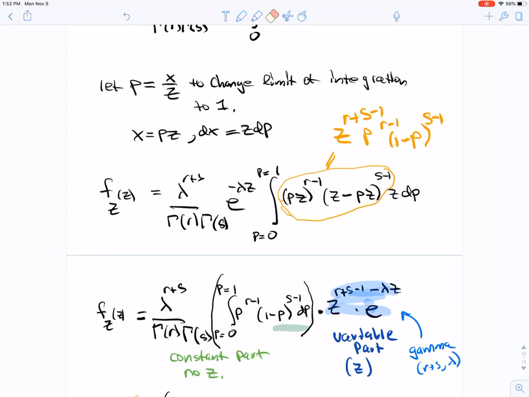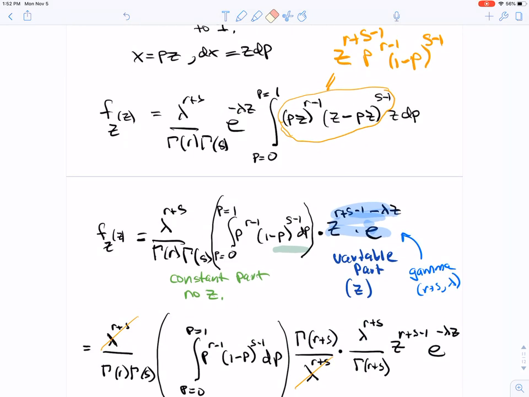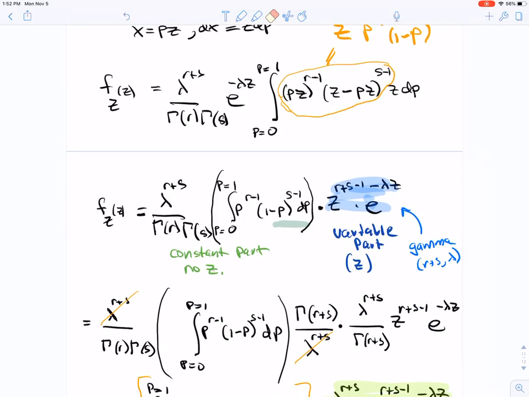Making this change of variable, we recognize that, oh my gosh, we're getting the variable part of beta here. Rearranging things, recognize the variable part for f of z is gamma of r plus s, lambda.